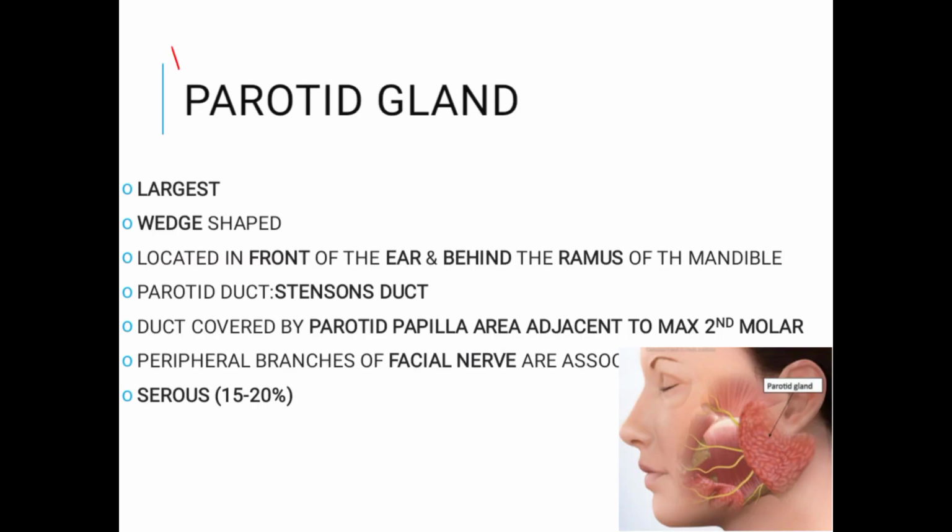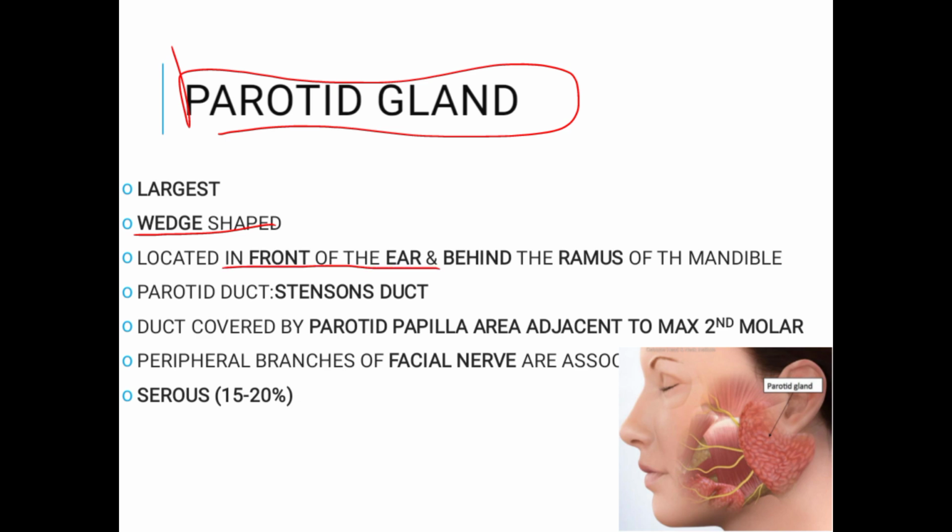Then the parotid gland, which is the largest gland. It is wedge shaped, located in front of the ear, behind the ramus of the mandible. Stenson duct is there, covered by the parotid papilla, which is adjacent to the second maxillary molar.